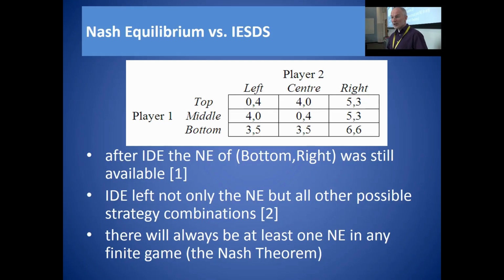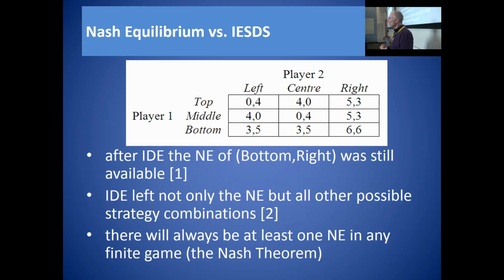Now, this is known as the Nash theorem. The proof of this is pretty complicated, so you can just take my word for it. I'm not going to go through the formalities of that, but if we've got a game that looks like this, where we've got a definite number of players choosing over a definite number of strategies, there will always be at least one Nash equilibrium. And in this game here, there was one Nash equilibrium.